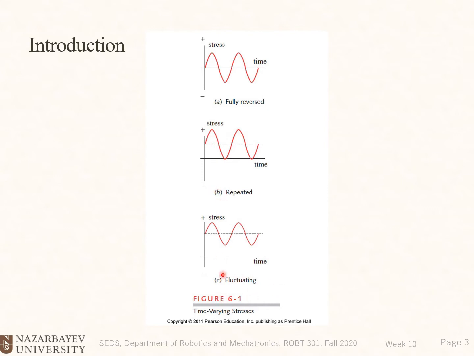And we have fluctuating loads, where both maximum and minimum values are in either the positive or negative territory. We will discuss the effect of these loads later, and how we should consider the effect of the mean value and the amplitude of the dynamic loads in our theories.